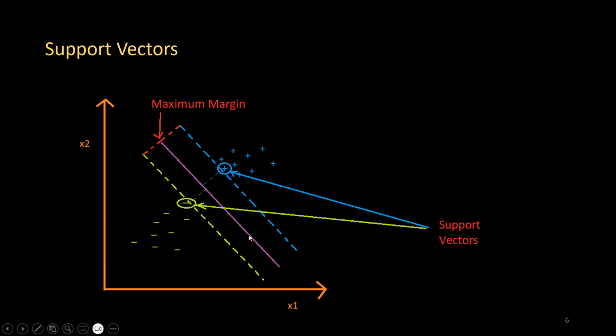So this is our boundary, this is our hyperplane, which is separating the two classes, and these are two data samples. This is the data sample in the negative class, and this is the data sample in the positive class, which are nearest to this hyperplane. These data samples are called the support vectors, and the support vectors ensure that the classification is performed with the maximum margin.